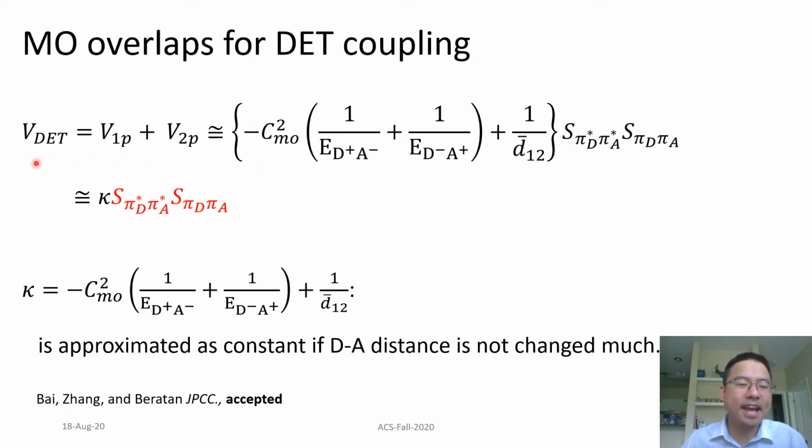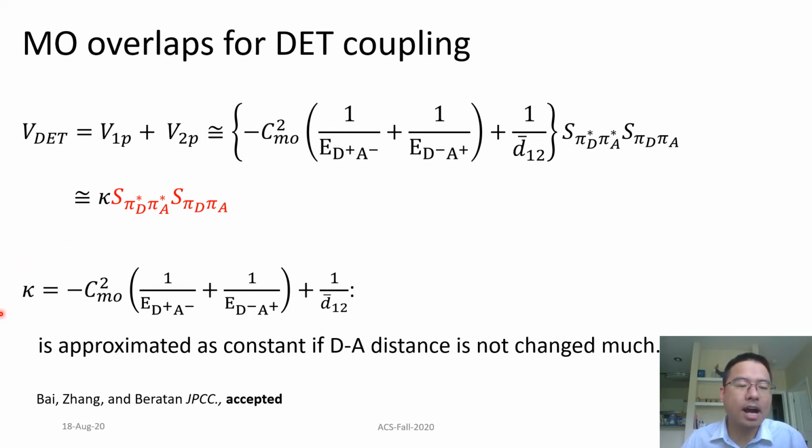Then we can connect the coupling of Dexter energy transfer to a product term shown here, a product of two molecular orbital overlap terms, the HOMO-HOMO and LUMO-LUMO overlap with a factor kappa.